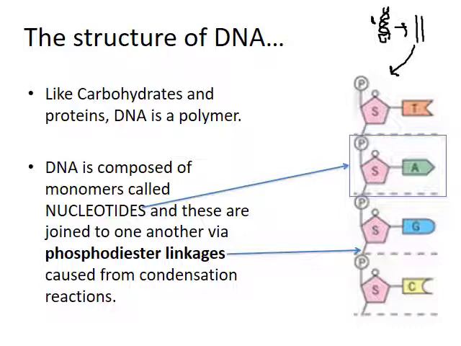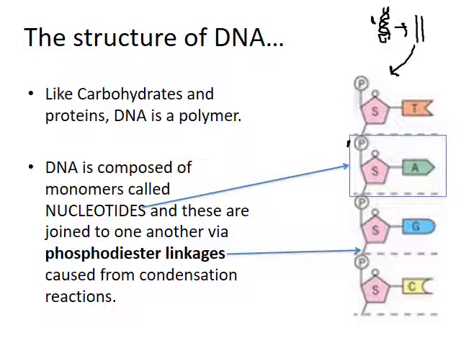Each chain in its own right is a polymer because each chain is composed of lots of monomers joined together. And you can see on this diagram we've got the monomers, which are called nucleotides, and this little box here has outlined one nucleotide.